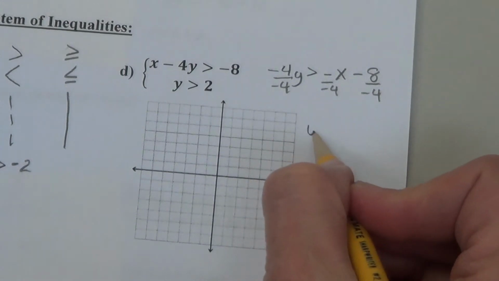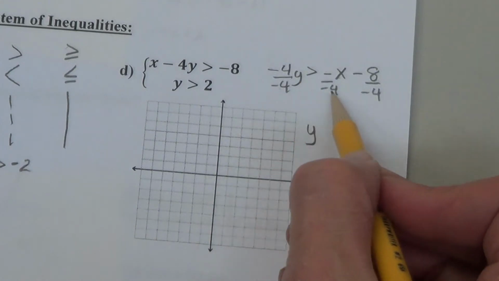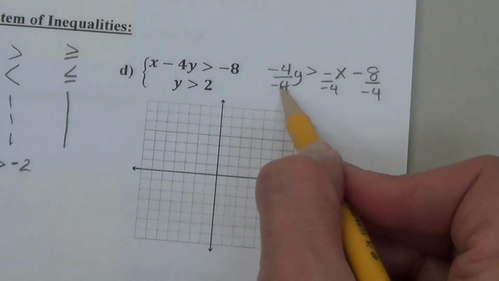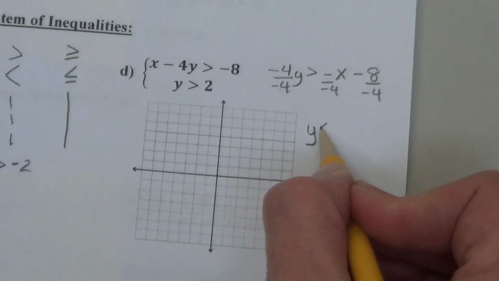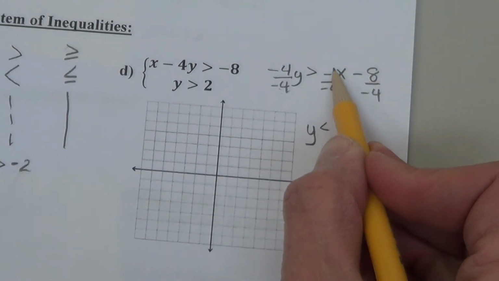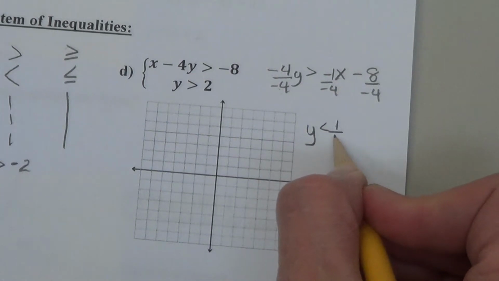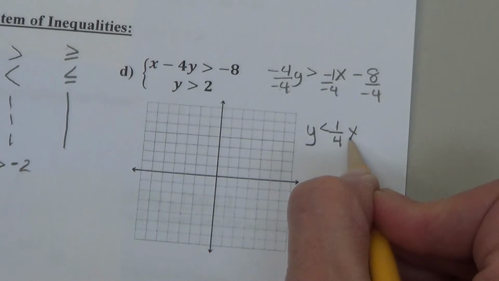So now we have y, and when we divide both sides by a negative number, we flip the inequality. A negative 1 is actually in front of that x, so negative 1 over negative 4 would be a positive 1/4 x.